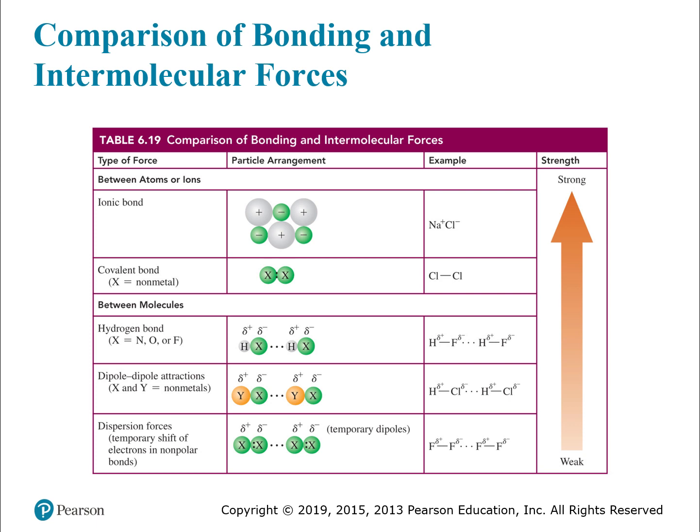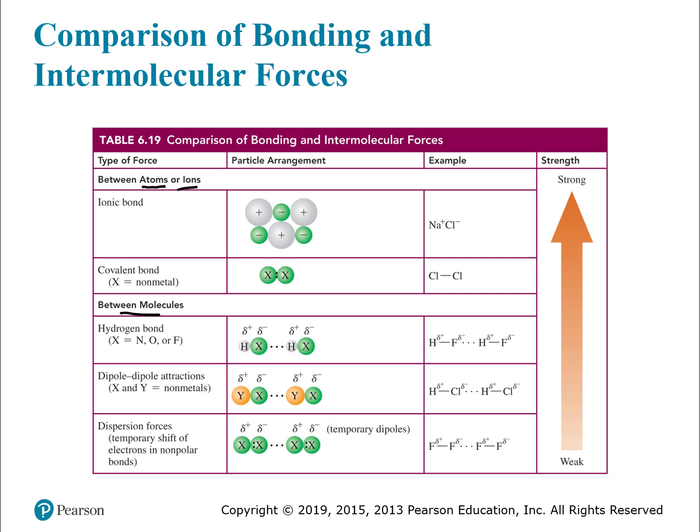The other part of that second video that we need to talk about is intermolecular forces. And I like this table because it summarizes bonding forces and intermolecular forces. So bonding forces, we're talking about between atoms or ions. If we're looking at intermolecular forces, it's between molecules.